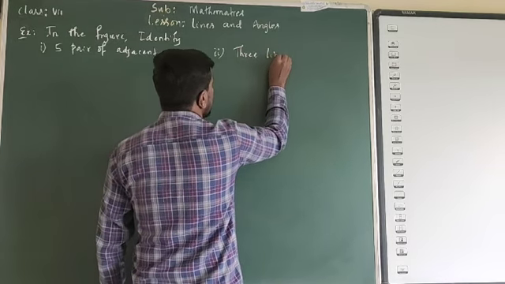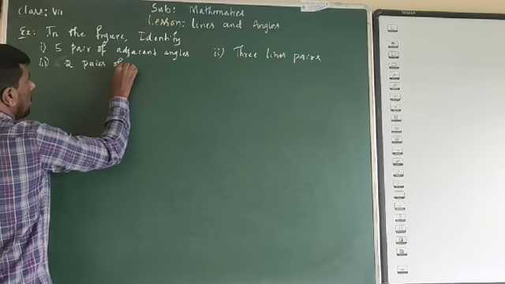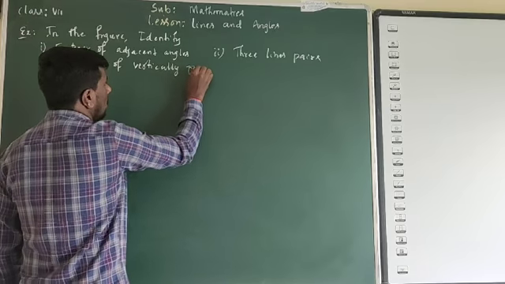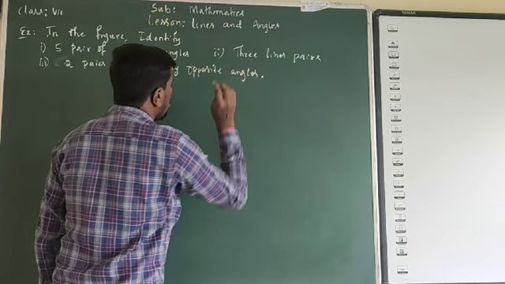Third question is 2 pairs of vertically opposite angles. The figure is, you write the figure now. So UOB.